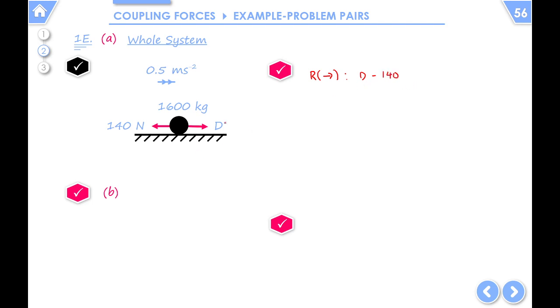So that's forces to the right minus forces to the left equals mass times acceleration. So 1,600 times 0.5. This should be a calculation we can hopefully do in our head. We've got half of 1,600 is 800 plus the 140, that will give us 940 newtons for the driving force.